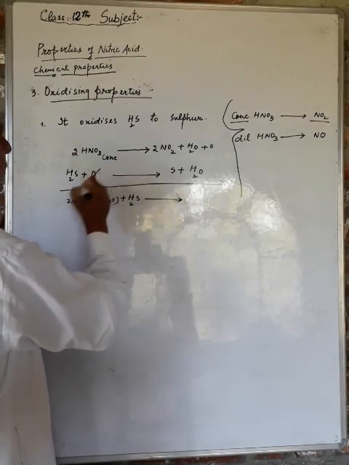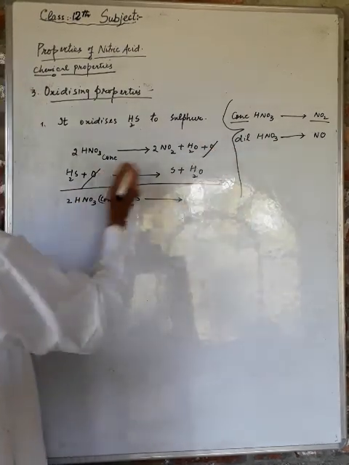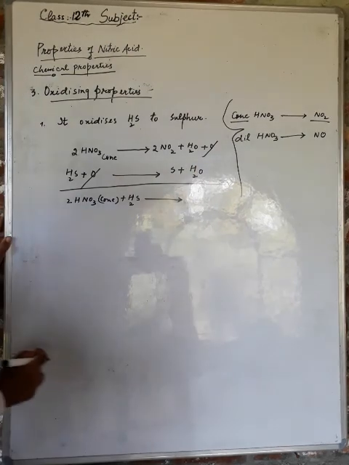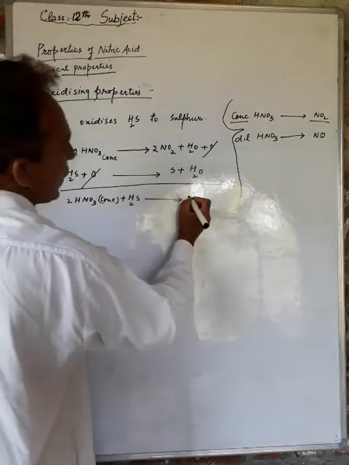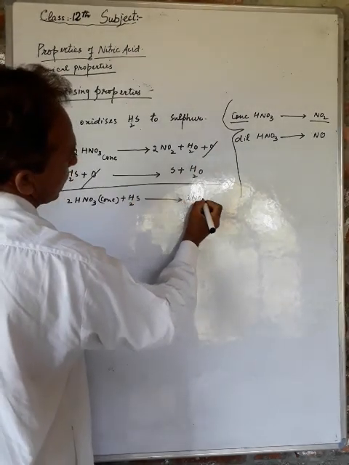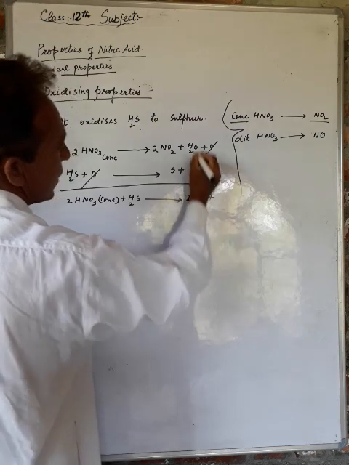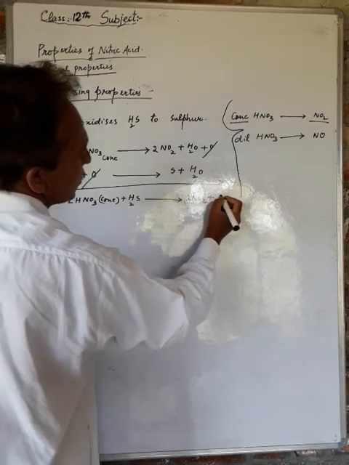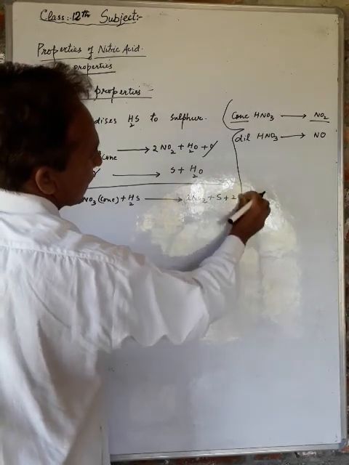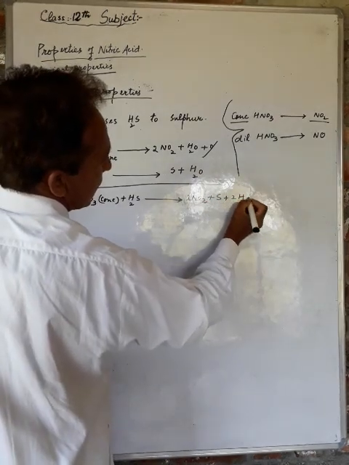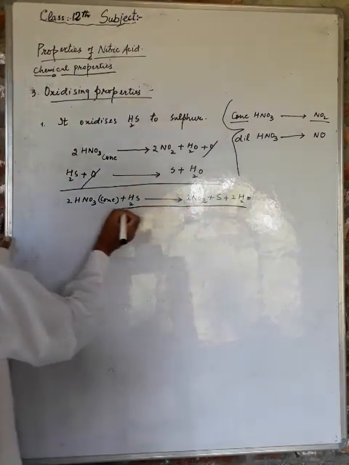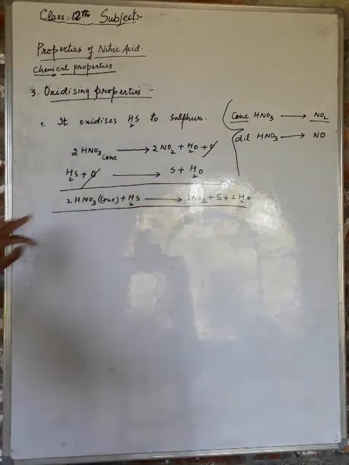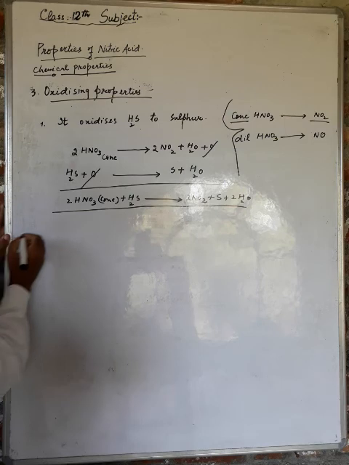The nascent oxygen on the left-hand side and right-hand side is one each, they will cancel. Twice NO2 plus water, S plus twice water. This is the overall reaction with concentrated nitric acid.